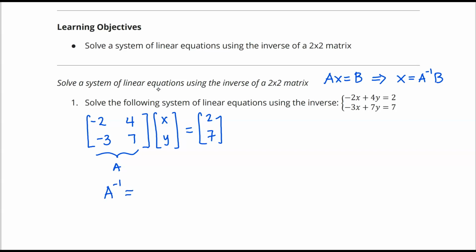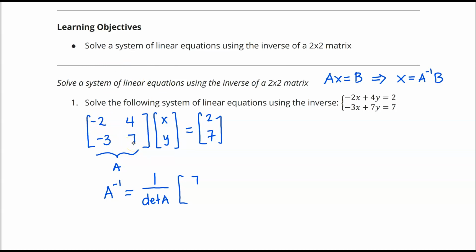A inverse using the formula is just equal to 1 over the determinant of A times the matrix formed by interchanging the diagonal entries here.